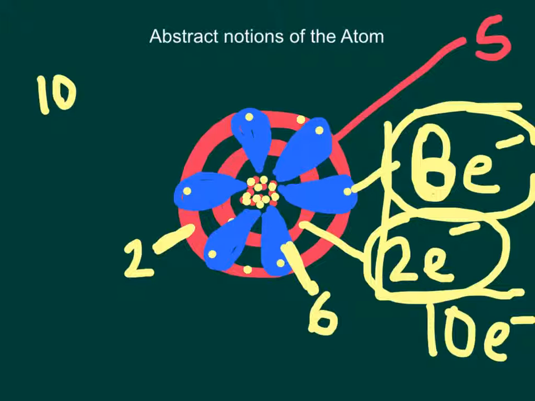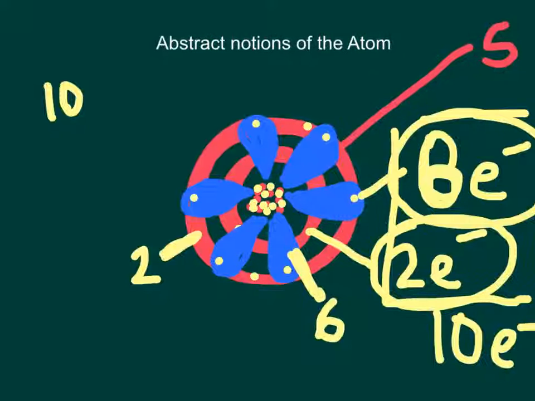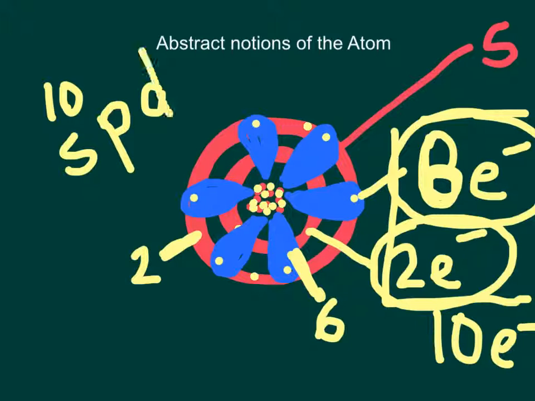We also will have more practice going past the sphere, which we call S, past the dumbbell shape, which we call P, and we'll be practicing with double dumbbell, we call that D, and with other various shapes a little bit. We call those F.